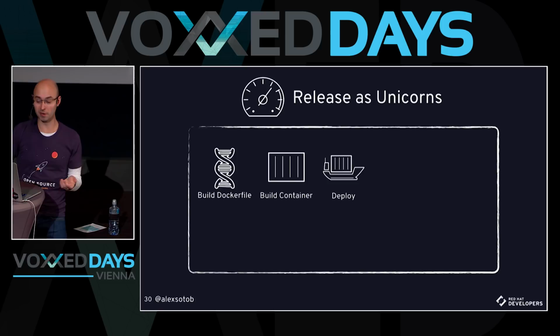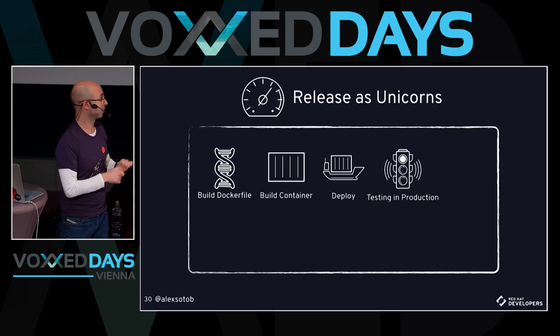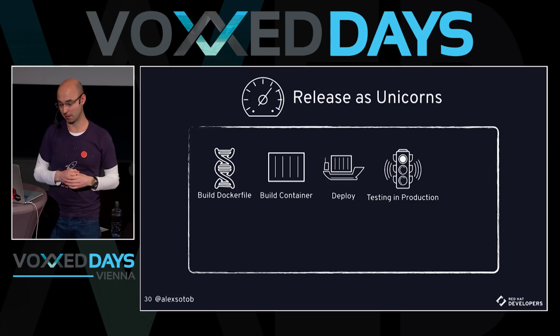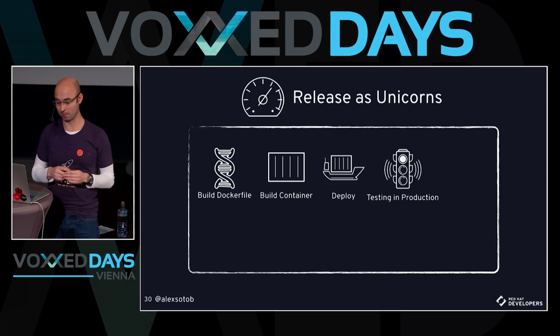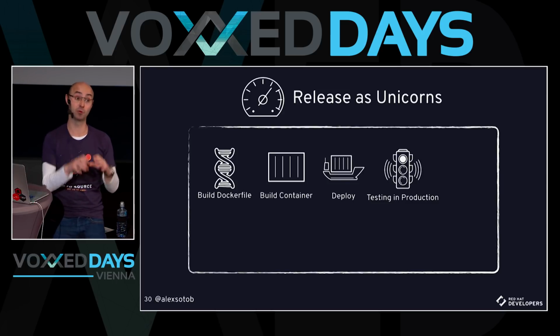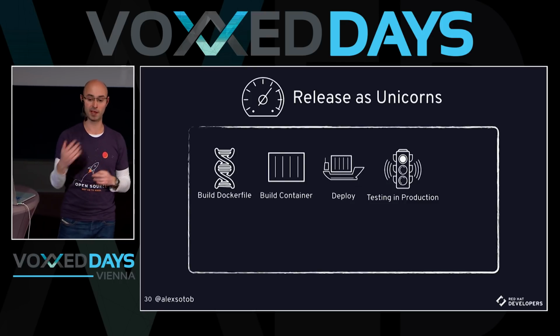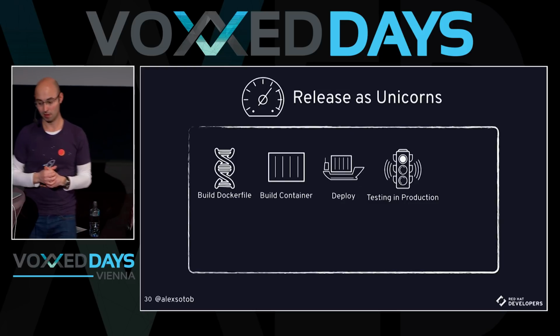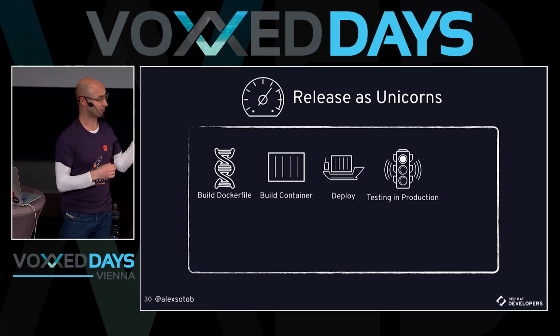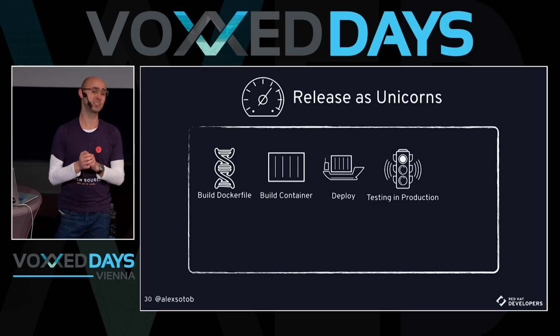And then the question is, okay, and now what? One of the things that is coming with microservices is testing in production. You put a new version inside the cluster, and then you check what happens with real traffic. It's really important to do it that way, because production is always different, right?